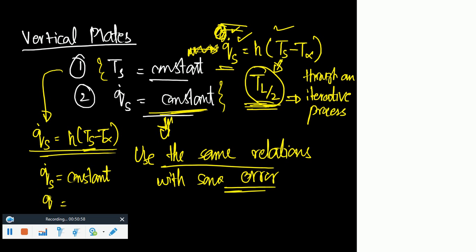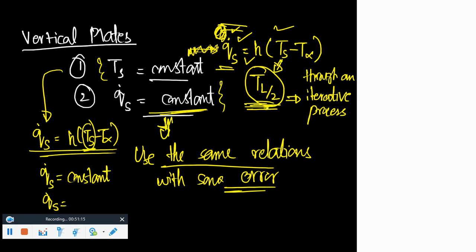So I answered this question by this relationship, that you have to choose the surface temperature, isn't it? But at what point? Because if Q dot S is constant, temperature would be varying along the plate.